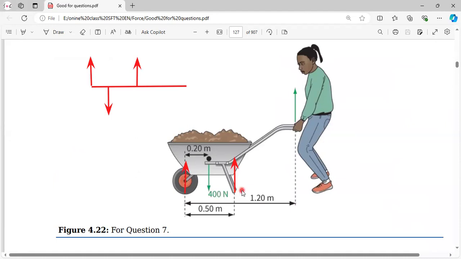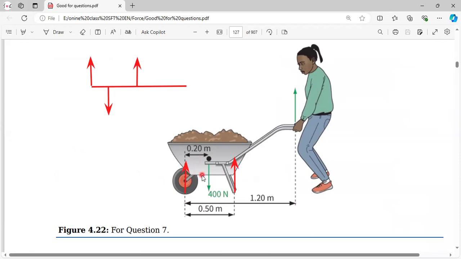Can you give the answer? What should be the value of these two forces together? It should be equal to 400, right? Exactly. It should definitely be equal to 400. If you want to find the values separately, however, when you take them together, it is 400.